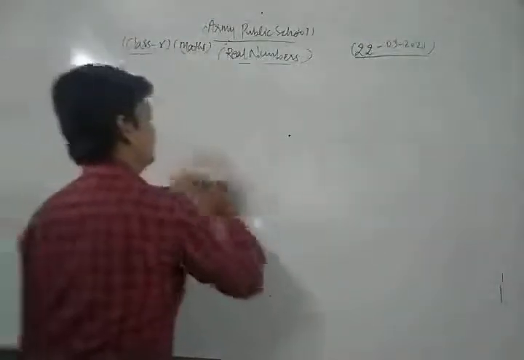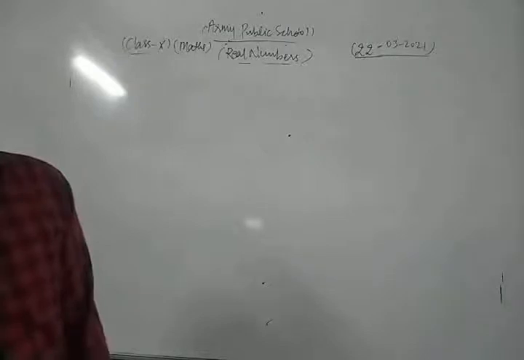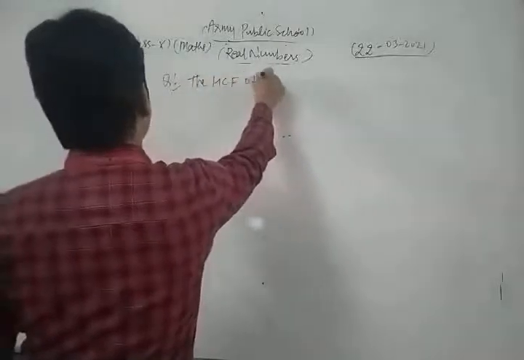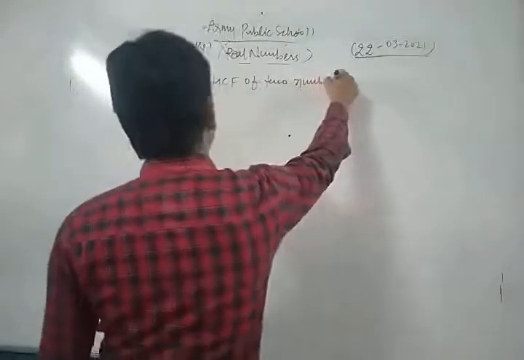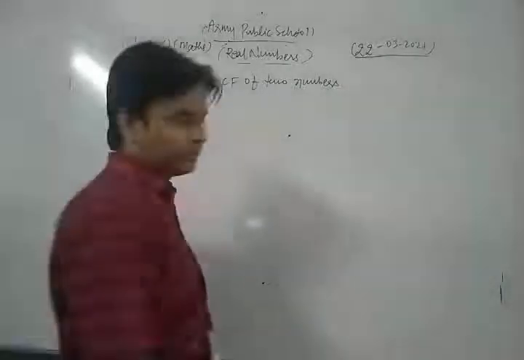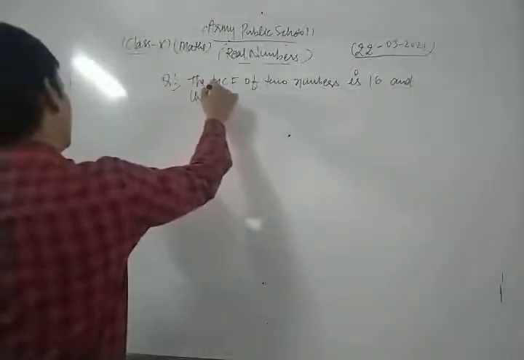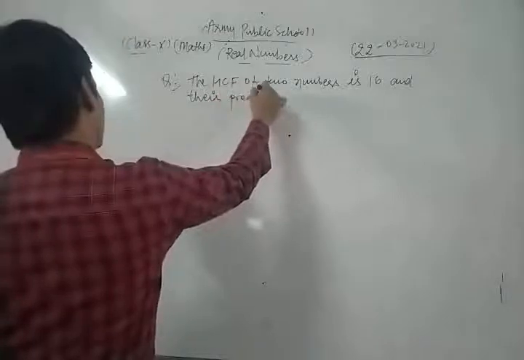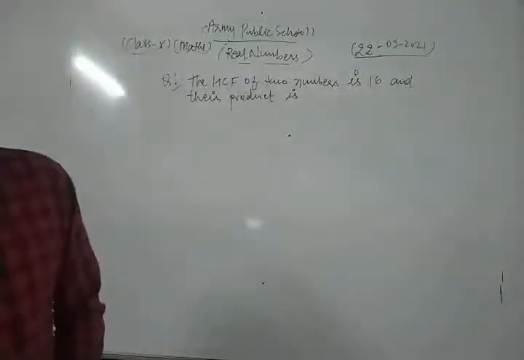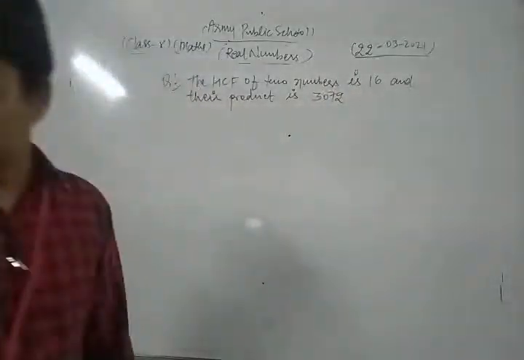The question is: the HCF of two numbers is 16 and their product is 3072.